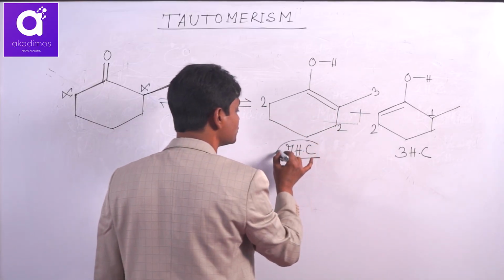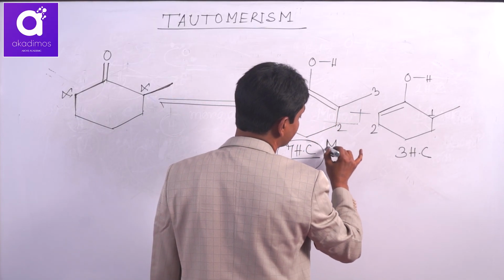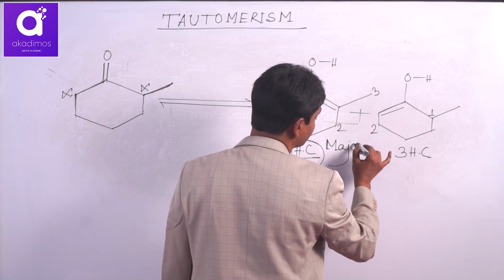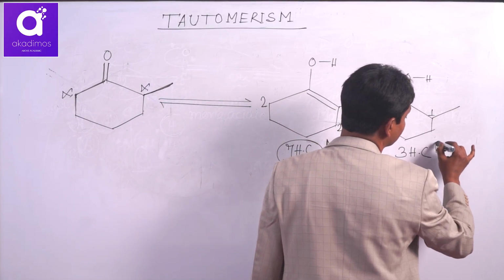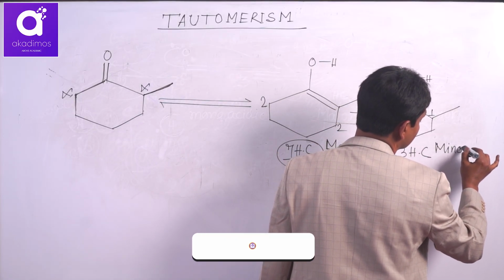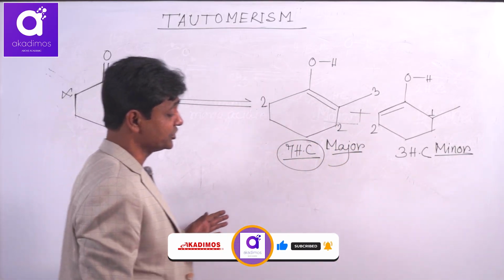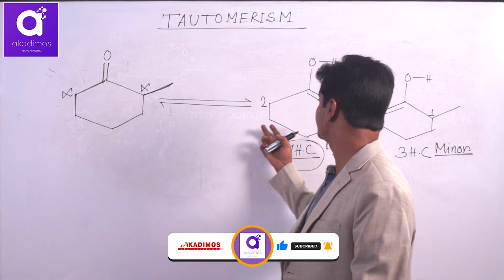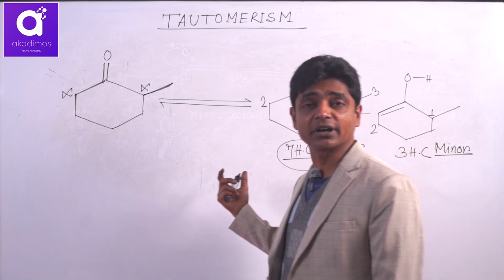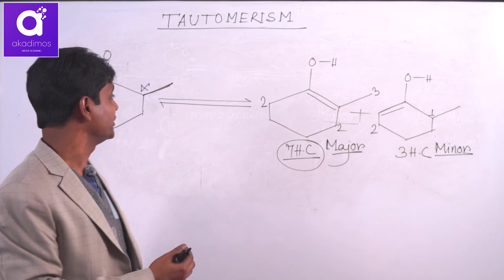Which one is more stable? This one. That's why this one is major and this one is minor. So always we compare which one is major and minor by considering their stability. Hyperconjugation will compare the stability of the alkene.